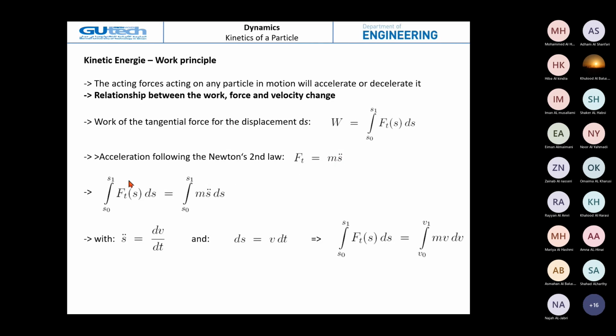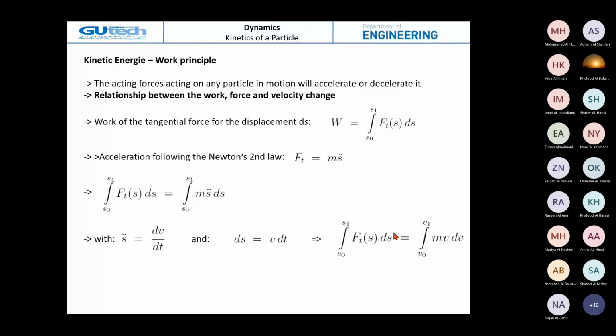If we put that in place, we get m s double dot ds. With s double dot, the acceleration is only the time derivative of the velocity. Then ds is only v dt, as v is only ds divided by dt.